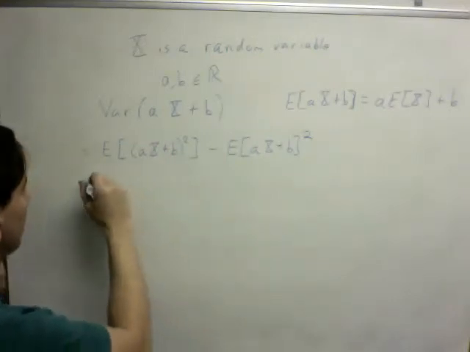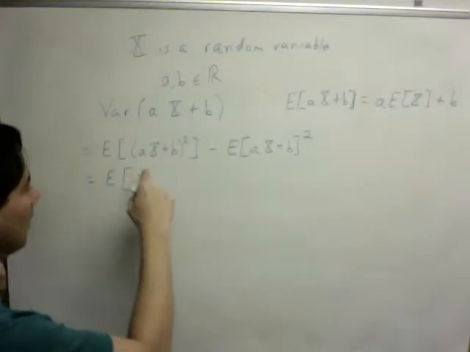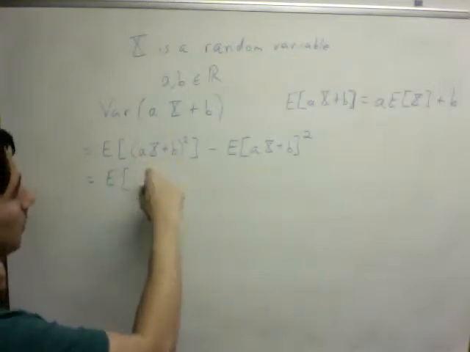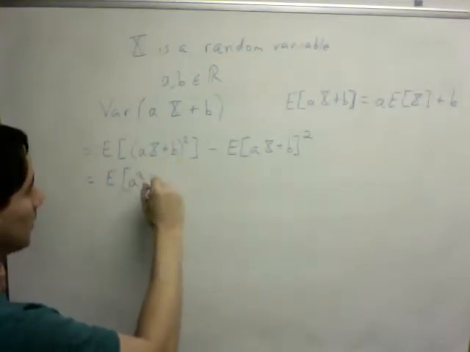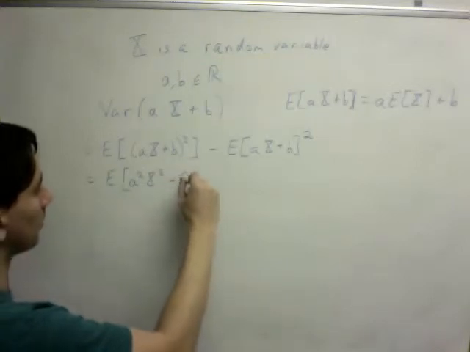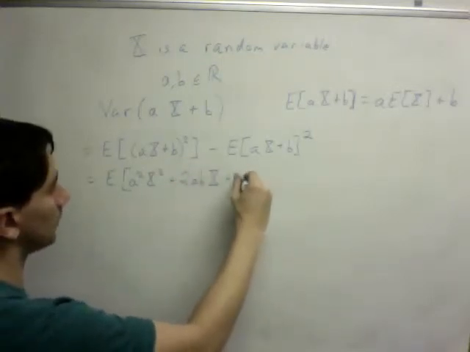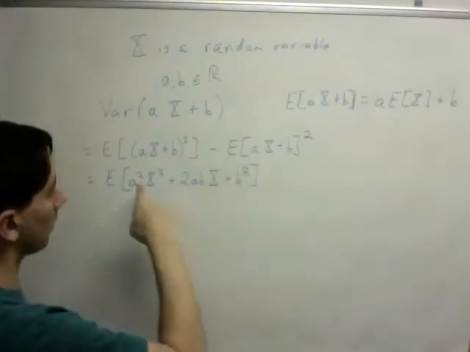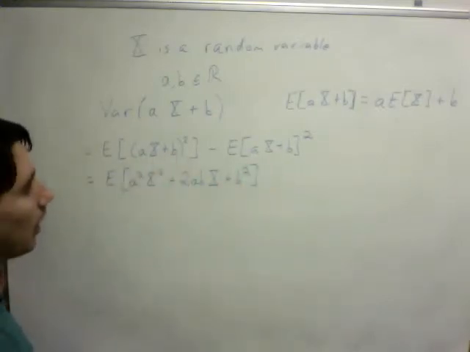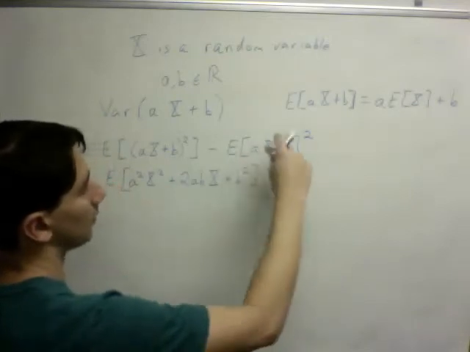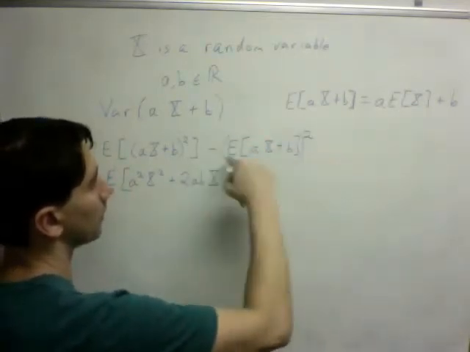Okay, so this is equal to the expected value of, and now we have to square on the inside first. So this is a squared X squared plus 2abX plus b squared. So all I did was FOIL this. And then we have minus, and now here the square's on the outside. It's this whole thing squared.